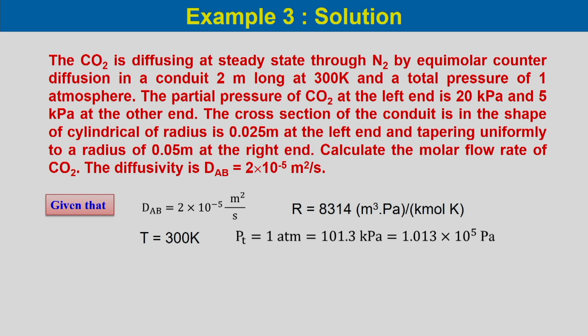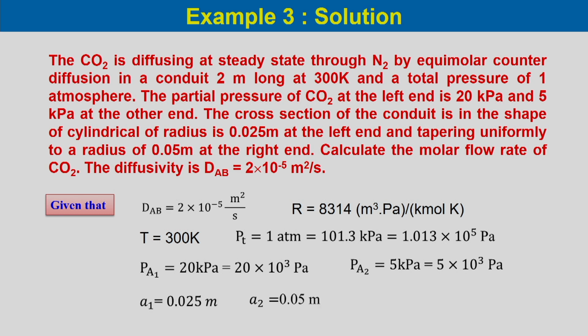Pt is the total pressure, which is atmospheric pressure, equal to 101.3 kilopascal, which is equal to 1.013 into 10 to the power 5 Pascal. PA1 is 20 kilopascal, which is equal to 20 into 10 to the power 3 Pascal, and PA2 is 5 kilopascal, which is 5 into 10 to the power 3 Pascal.